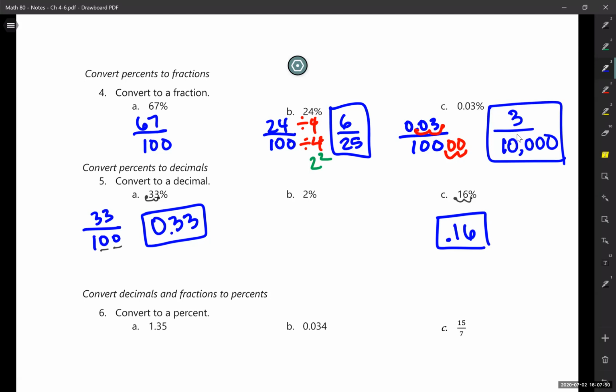For part B, for 2%, sometimes people get confused because they just move it to the front of the 2 and they don't move it enough spaces. So for a problem like that, if you find yourself messing up on the 1-digit numbers or the decimals, just continue to write it over 100, because I can write this as 2/100, 2%.